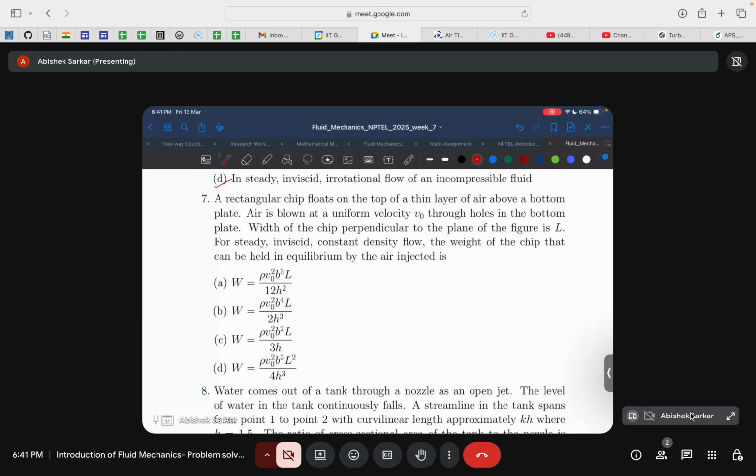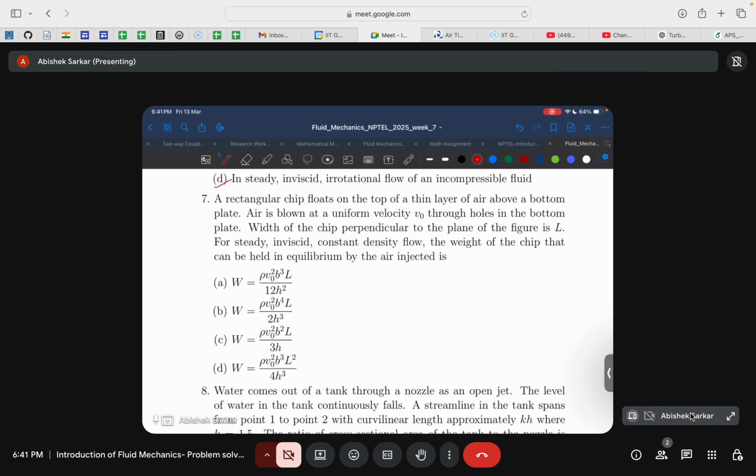What you can do is stop the video and try out your own solution, which I would highly appreciate, and then play the video again to see whether the answer is correct or not.